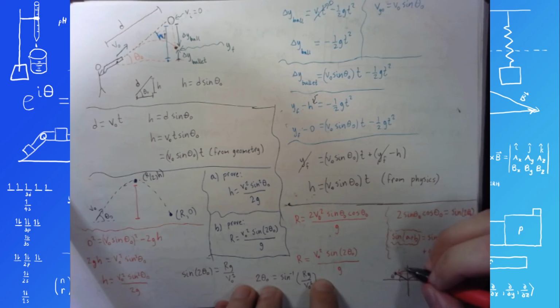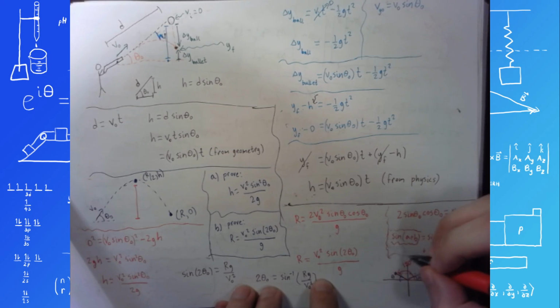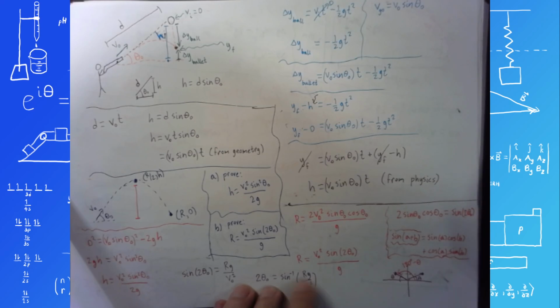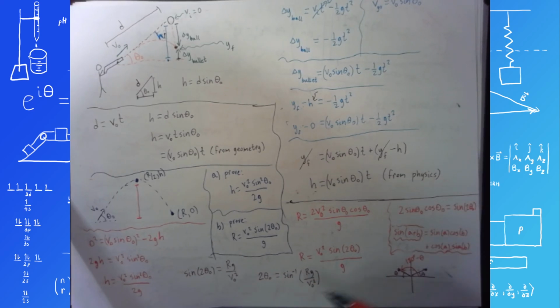That angle would be equivalent to 180 degrees minus theta. So in fact, while sine inverse will give you whatever this smaller theta is, you have to remember that 180 minus that theta is an option.